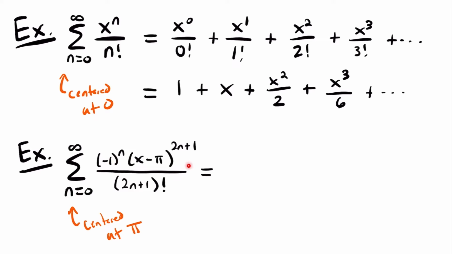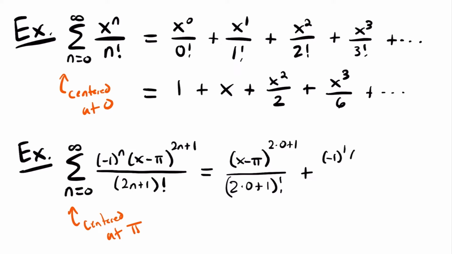But then for the rest of our expression, we will have x minus pi to the power of 2 times 0 plus 1 divided by 2 times 0 plus 1 factorial. Then we'd have another term when n equals 1. In this case, we would have negative 1 to the power of 1 times x minus pi to the power of 2 times 1 plus 1 divided by 2 times 1 plus 1 factorial.